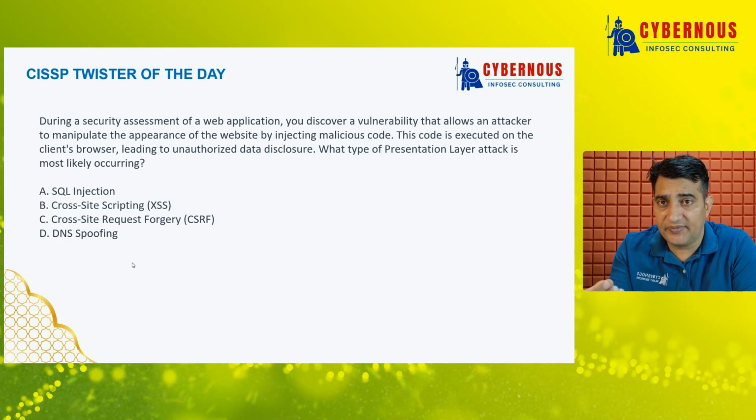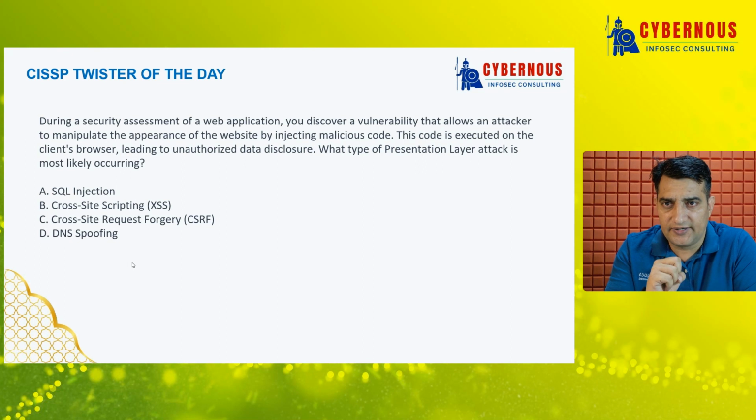What is the control we can put in for cross-site request forgery? There are certain measures which you can implement. For example, your website can integrate a CSRF token. That token is evaluated every time to check that the request is coming from the right source. So understanding the source is very, very important when it comes to cross-site request forgery.